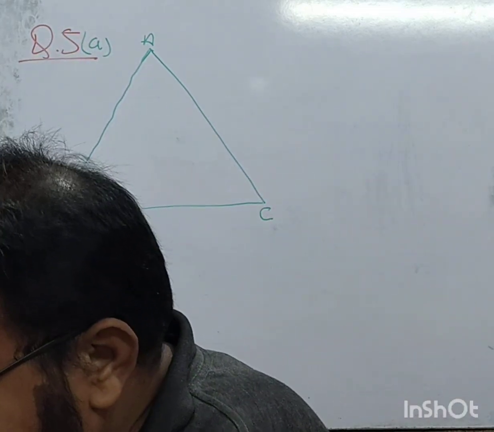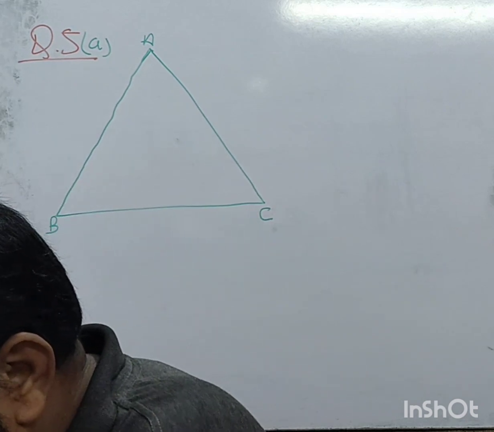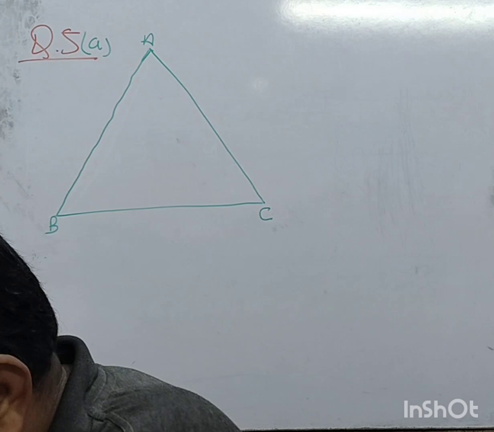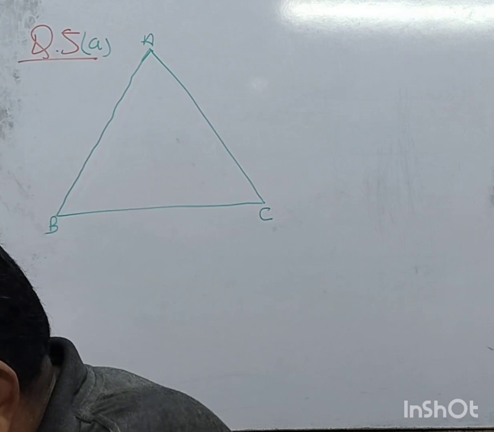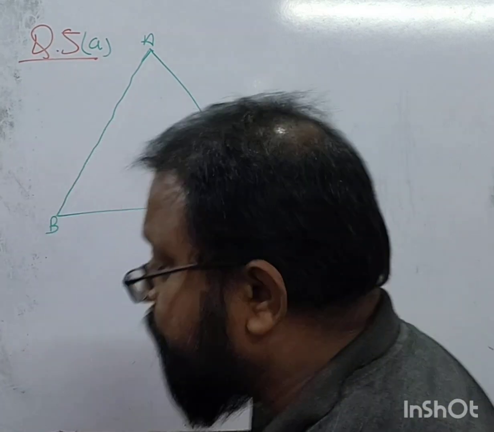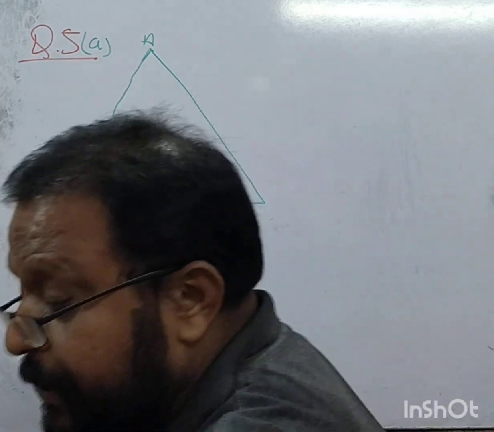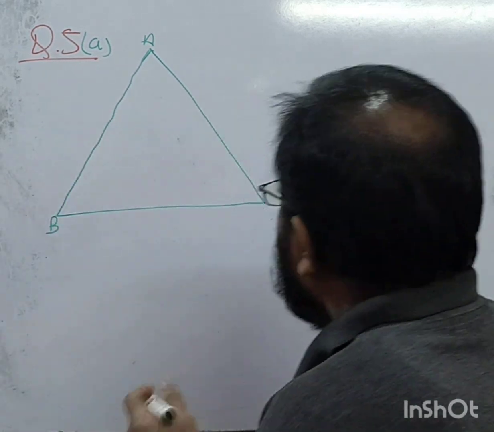What they are saying, there is, right, CD is parallel to AL. Oh no, this is not A, this is ABL.